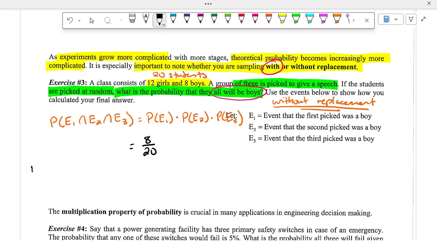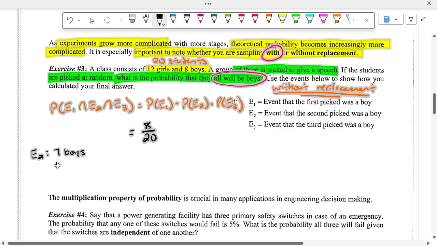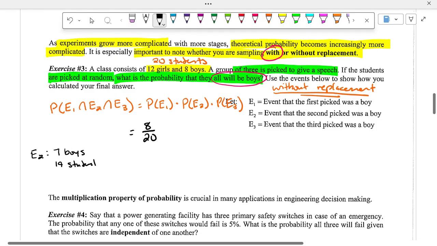So going into E2, I have 7 boys. How many students total? 19. So what's the probability that I'll pick a boy on the second round? 7 out of 19.